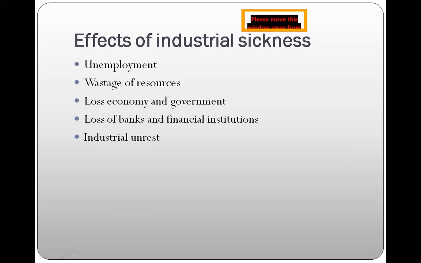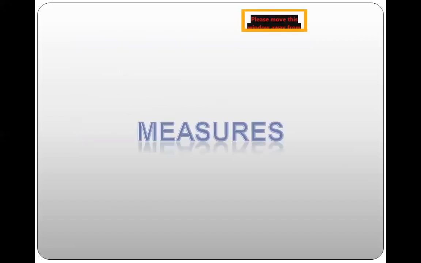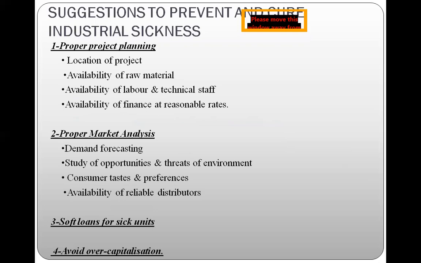So banks are facing problems, the government is facing problems, the economy is going down, people are not satisfied, and the major effect is brain drain. The youth are studying here, but they are moving abroad because unemployment is increasing. So what measures are to be taken to prevent or cure this industrial sickness? Suggestions to prevent and cure industrial sickness.